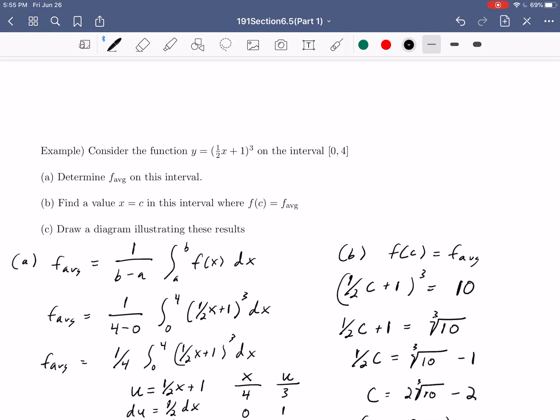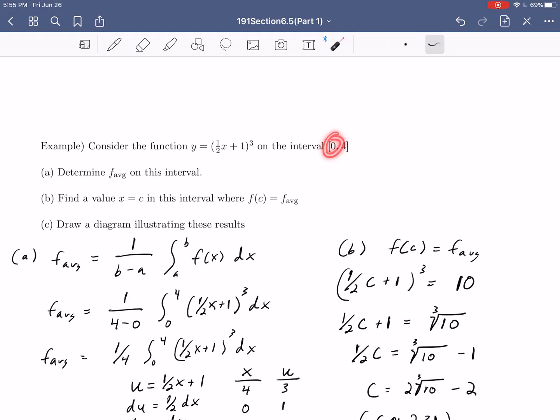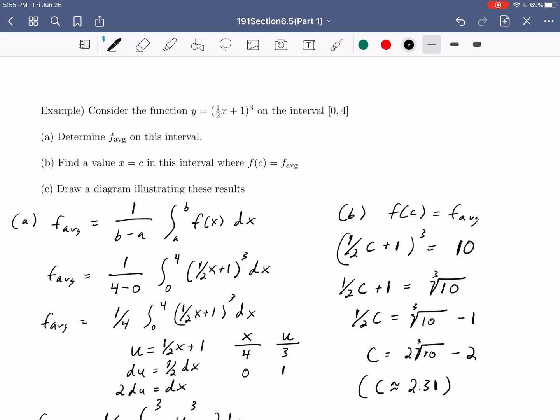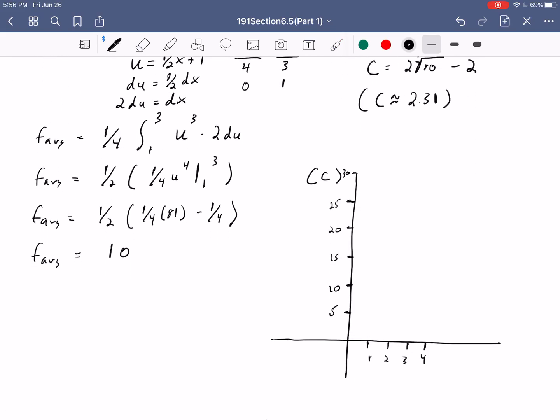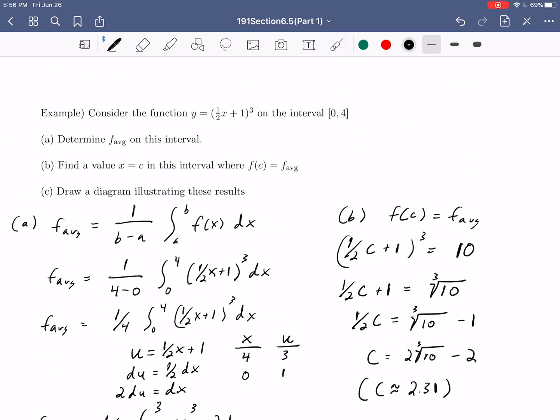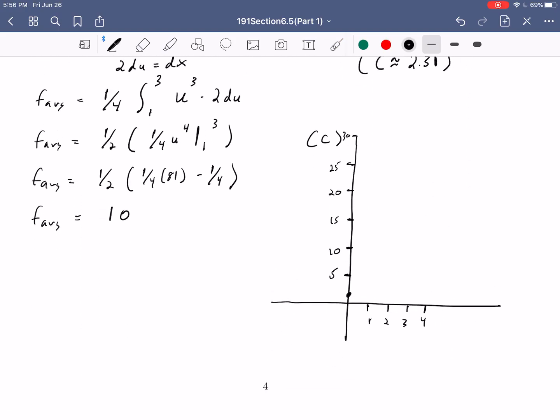Okay, so let's draw this thing. At x equals 0, we have 1 cubed, which is 1, so we've got something way down here. And then at x equals 4, we know that we're going to get 27, so we get something way up here.